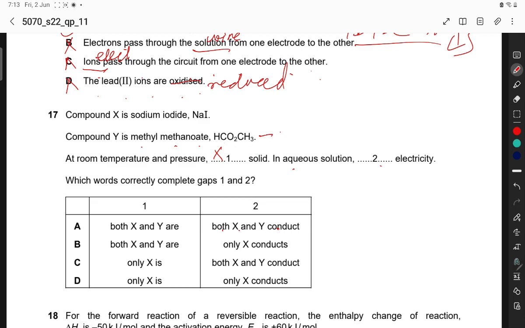Y is HCO2CH3, an ester. The ester cannot conduct electricity, only X. Which words correctly complete gaps 1 and 2? Both X and Y, only X. Both X and Y is incorrect, only X is correct. So D option is correct.